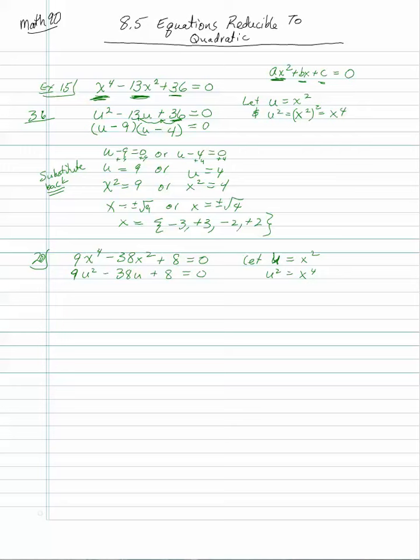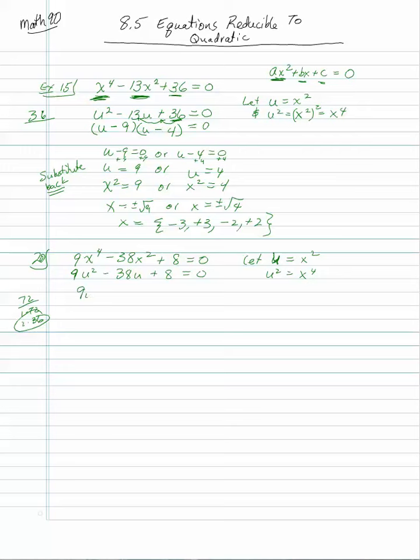Okay, so I've got 9u squared minus 38u plus 8. Factor 72 to add to 38. So 1 and 72, 2 and 36. There we go. I'm going to use the Ridge method.